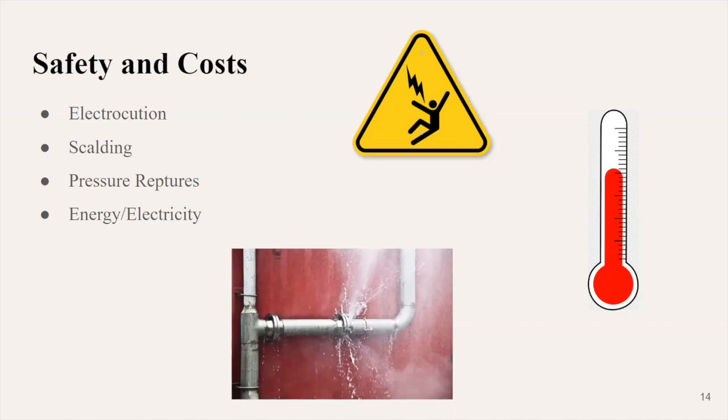Next is scalding and pressure ruptures. So we're working with steam in some of these remediations. And if down in one of the wells pressure builds up, clogs up a pipe, and up top it ruptures by a worker, they can get scalded from the steam or just hurt from the pipe rupturing in general.